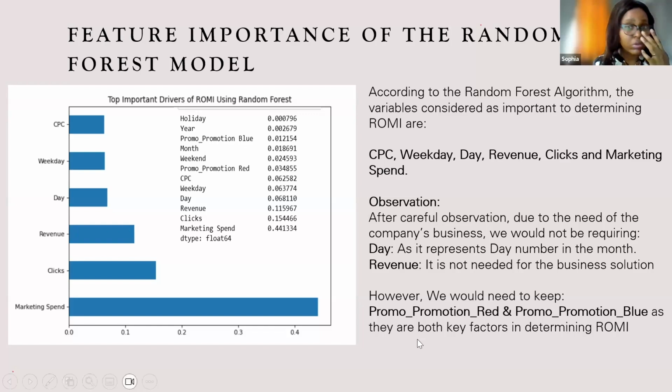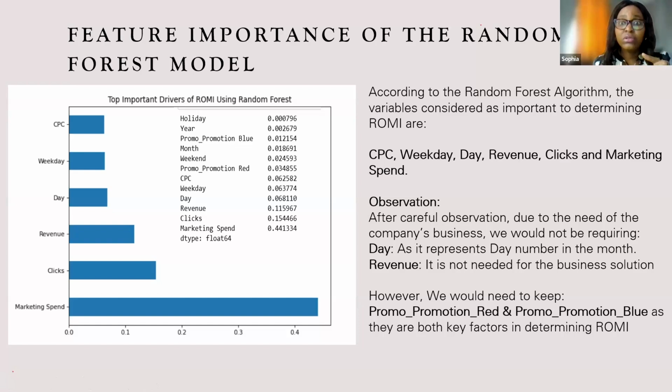So for that reason, we would be keeping promotion red and blue, because if you look at the question, it specified that we need to ascertain whether promotion red gives the best results, or promotion blue. So we need the two of them as well.